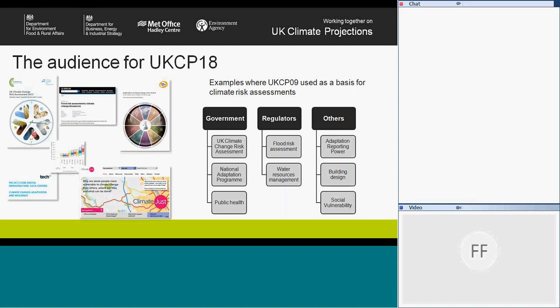And that is statutory. So there's a legal requirement for companies, planners and also developments to follow those particular guidelines.